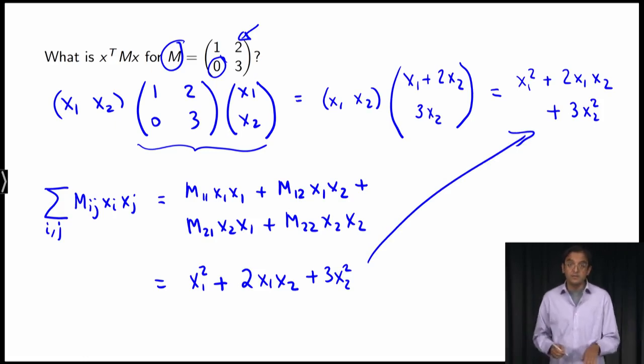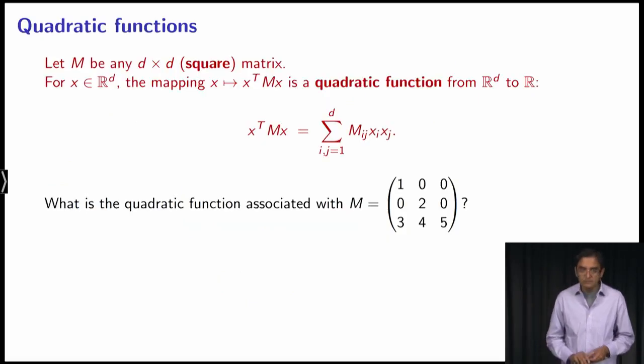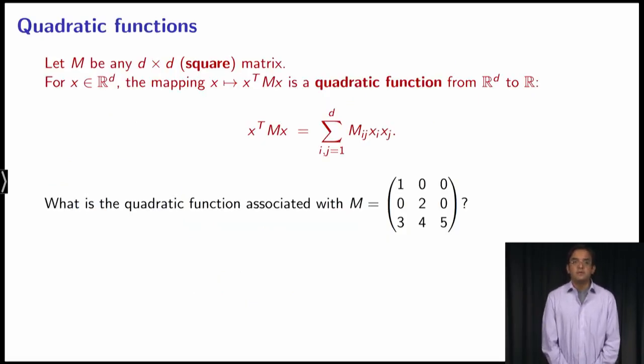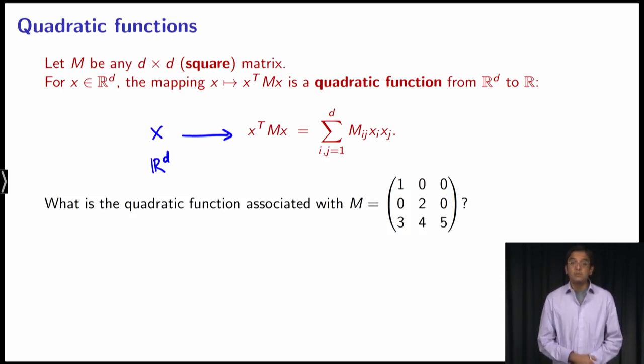In fact, that's how you get this summation, if you just do what we did before but in greater generality: you allow it to be d-dimensional, and you allow M to consist of variables that haven't been defined yet. So here's a summary of the formula. If you start with any square matrix M, you can define a quadratic function by mapping x, a d-dimensional vector, to the number x transpose Mx.